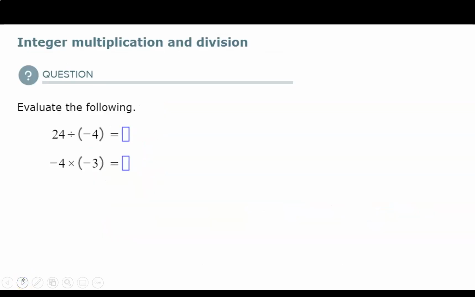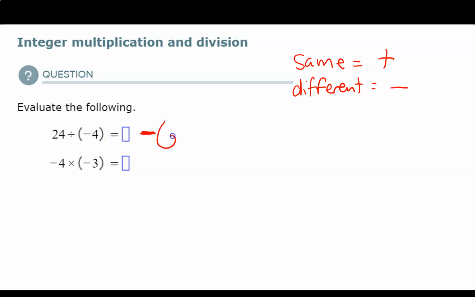All right, so let's try these. Remember, same sign, positive; different sign, negative. In this first example, I have a positive and a negative. Those are different signs, so my answer will be negative. And 24 divided by 4 is 6. Second one, I have the same sign, so I'm just going to have a positive 12.